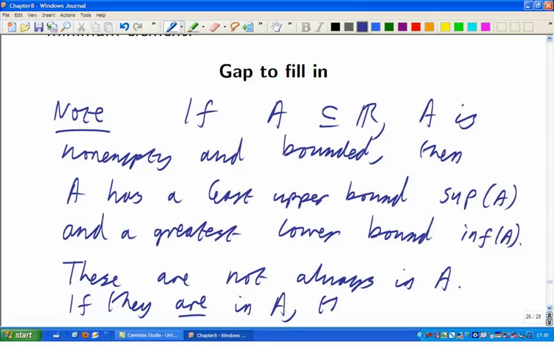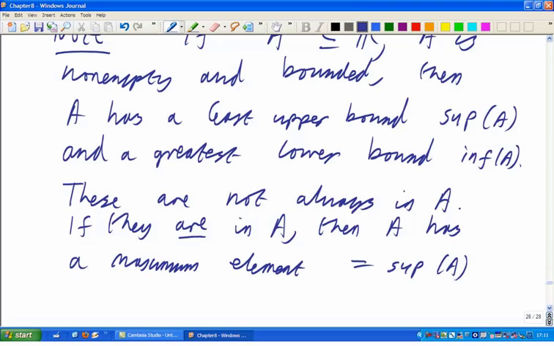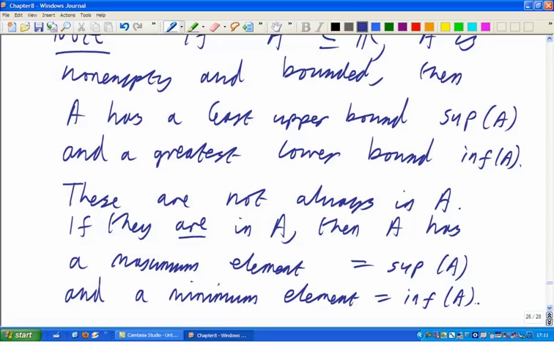Now, if the supremum of A is in A, then it'll be the maximum element of A. And if the infimum of A is in A, it'll be the minimum element of A. And so that's the main point of this proof. So now we can actually start the proper proof of the lemma.